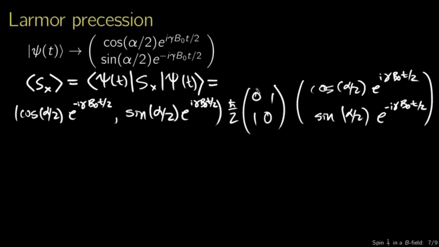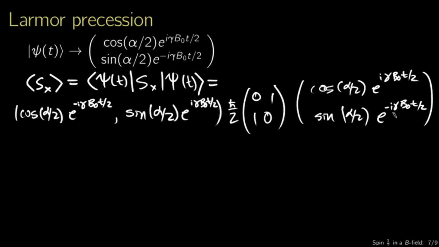The fact that the only non-zero entries in this matrix are the off-diagonal elements, what that is essentially going to do is swap the entries in this row vector. For instance, if you calculate the top entry of the row vector that results from this matrix vector product, it's going to be 0 times cosine, the cosine term, plus 1 times the sine term. So it's just going to be the sine term appearing in the top position.